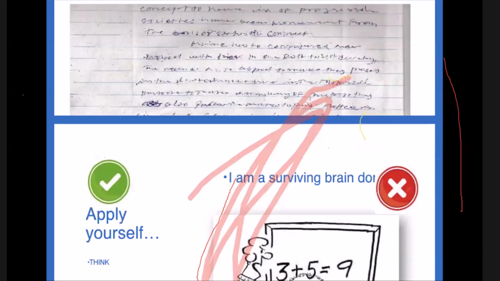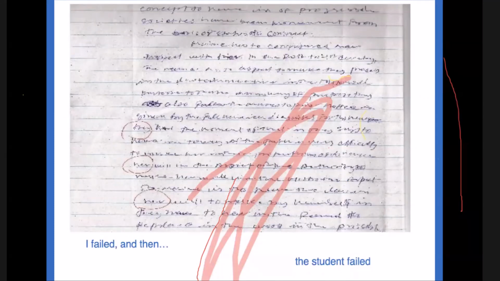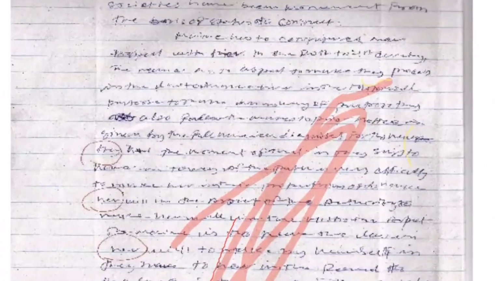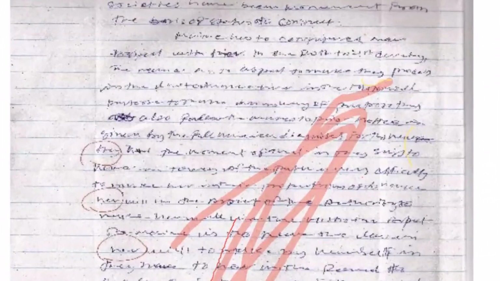And I have a few examples which might strike a chord better with the audience today, particularly the first years. So, yes, this is one. I hope the screen is clear. It's a very old scan, and over the period of time, I do admit that it has become a bit hazy.